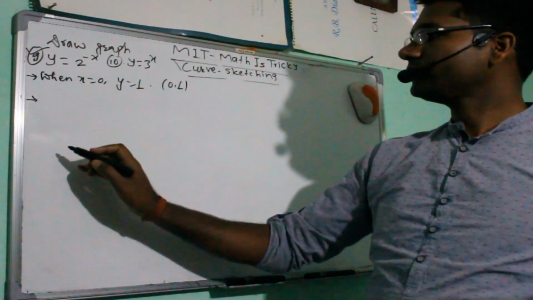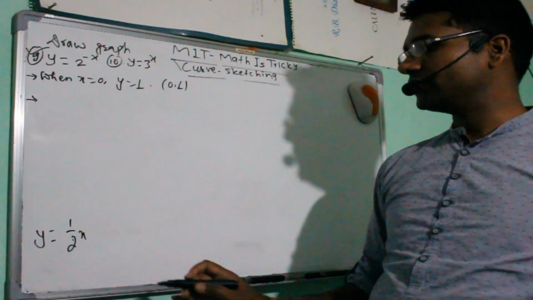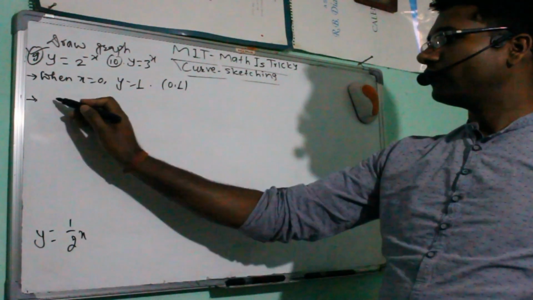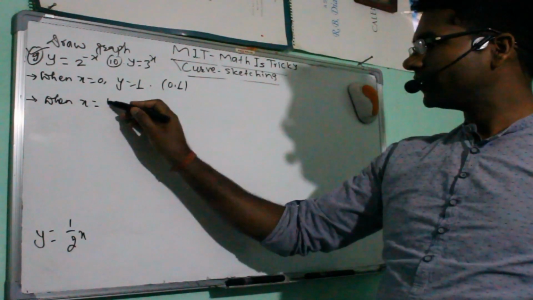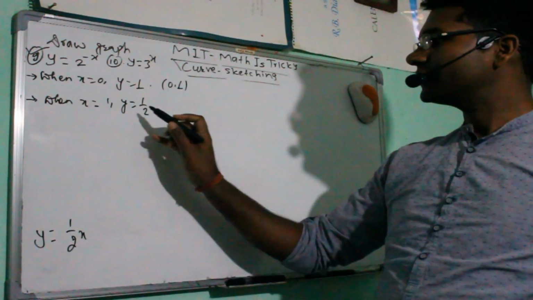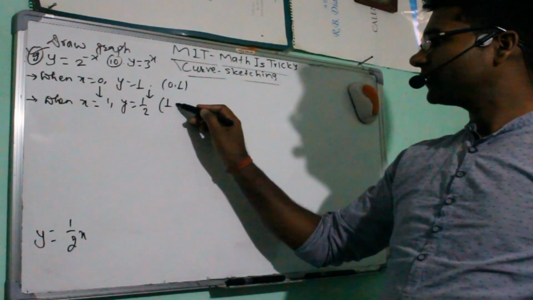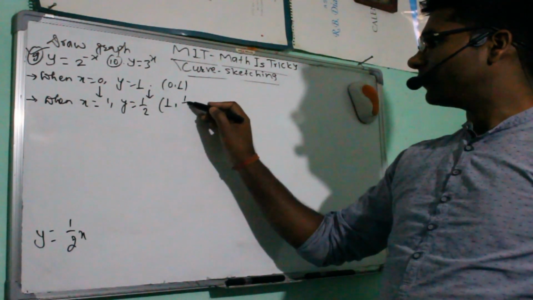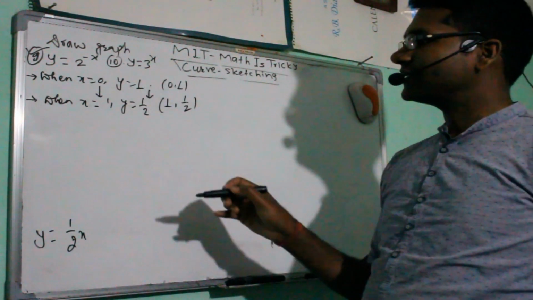Now you can write it like this, (1 by 2) power x, easy for you. Now when x is 1, the value of y will be 1 by 2. See here, x is increasing, y is decreasing.